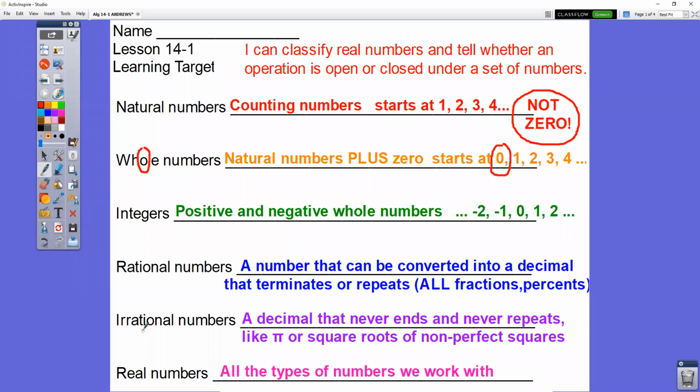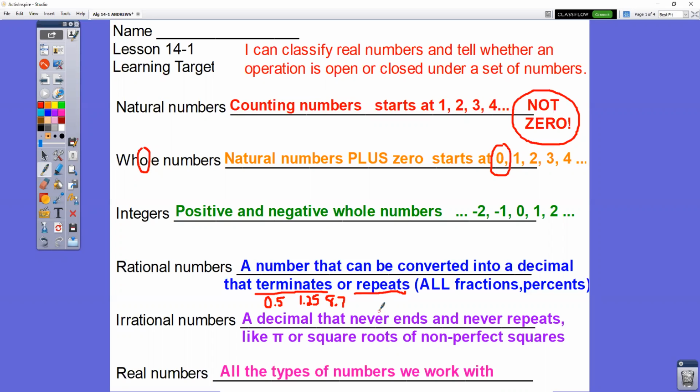A rational number. You have rational and you have irrational. A rational number is a number that can be converted into a decimal that either terminates, meaning it stops, or repeats. If you could use the repeating sign. So a decimal that stops is like 0.5 or 1.25 or 8.7.